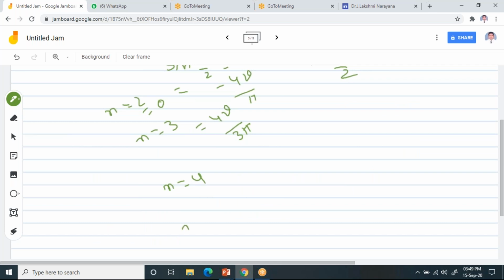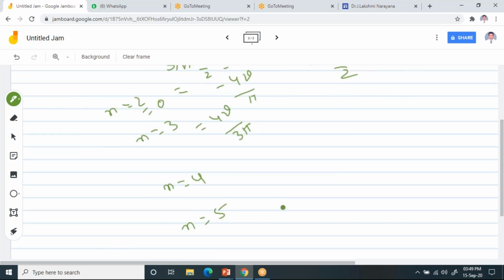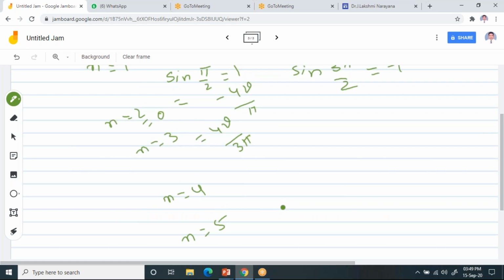Now tell me what is the answer for n equal to 4 and n equal to 5? You will understand. Just you calculate for n equal to 4 and n equal to 5 also. Please calculate it and post it in the chat box.